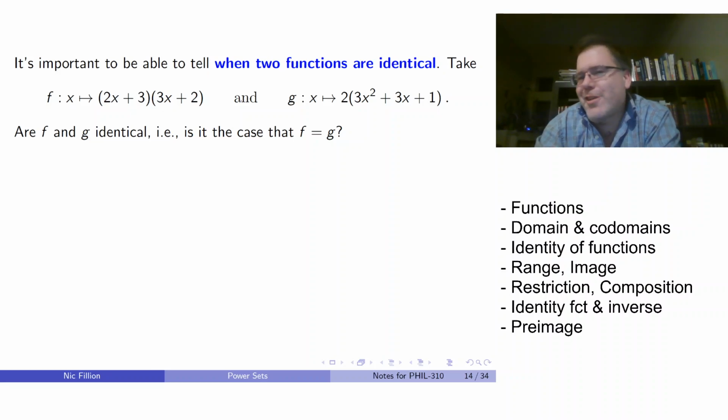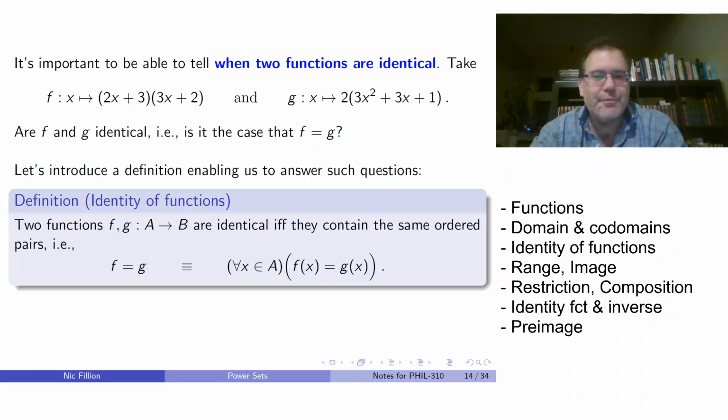But what do we mean by saying that the 2 functions are not identical? Well, since functions are just sets of ordered pairs, we could just use our general principle about identity of sets, which is the axiom of extensionality. So technically, we don't need a new definition for identity of functions, but we're going to introduce one just for convenience, which is going to happen to say exactly what extensionality would say.